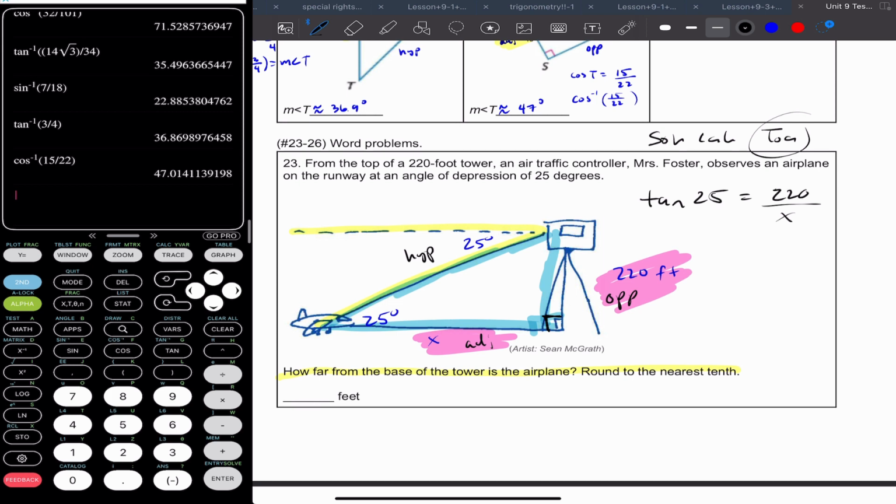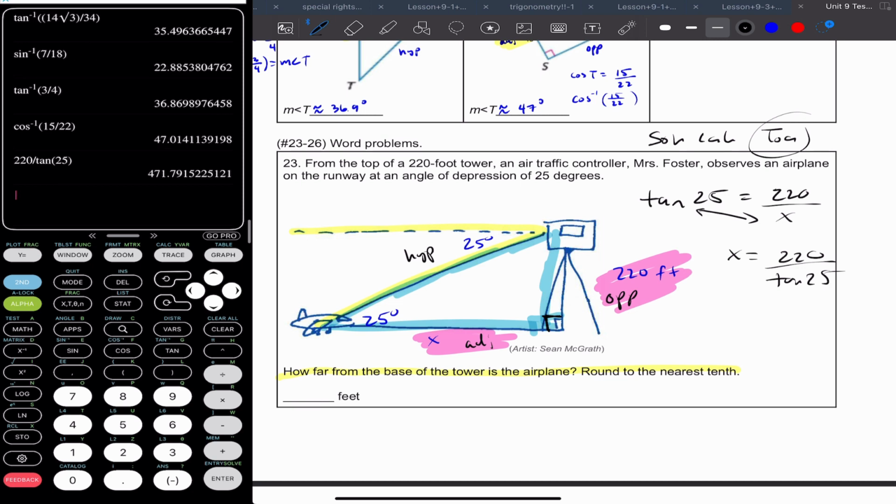I have to get x by itself. Notice that x is in the denominator, right? So let's swap the tangent of 25 and x. You get x equals 220 over tangent of 25. So I put 220 divided by tangent of 25. Make sure your calculator is in degree mode. So if I'm going to round to the nearest tenth, I look at the 0.79.